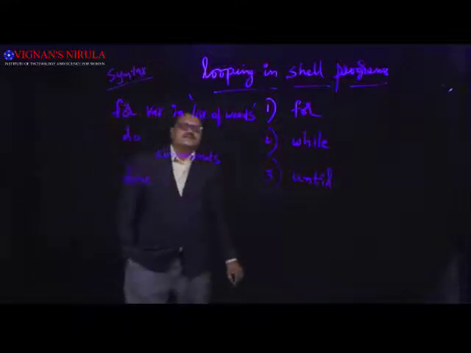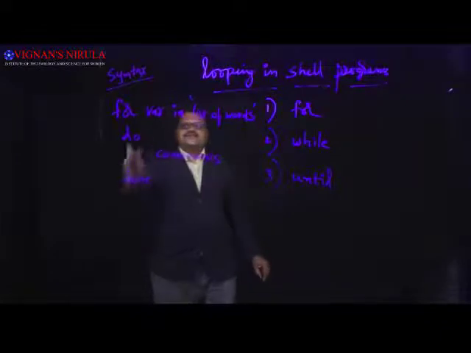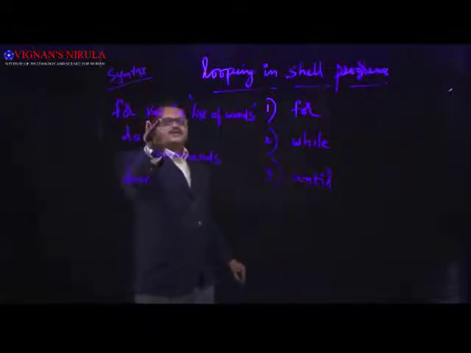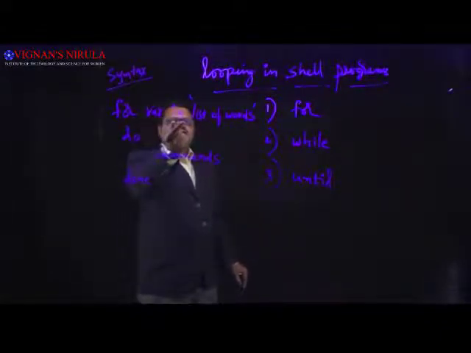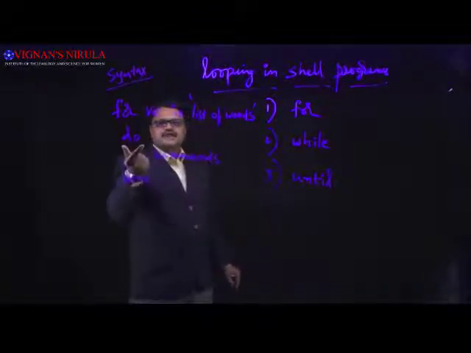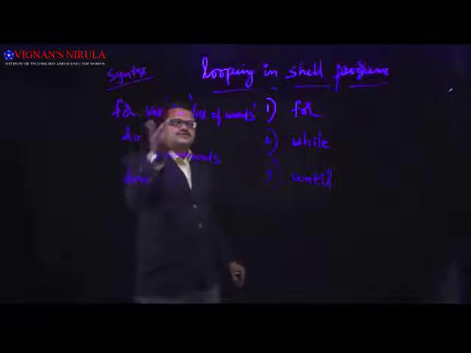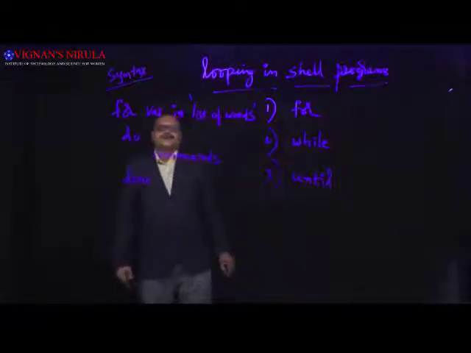Here, for is the keyword, and where is the control variable we use. In is a keyword. The list of words is the words we are going to search. Do is the entrance of the loop. Commands is any of the Unix commands we use, and done is the end of the loop. So this is the overall syntax of for in Unix.